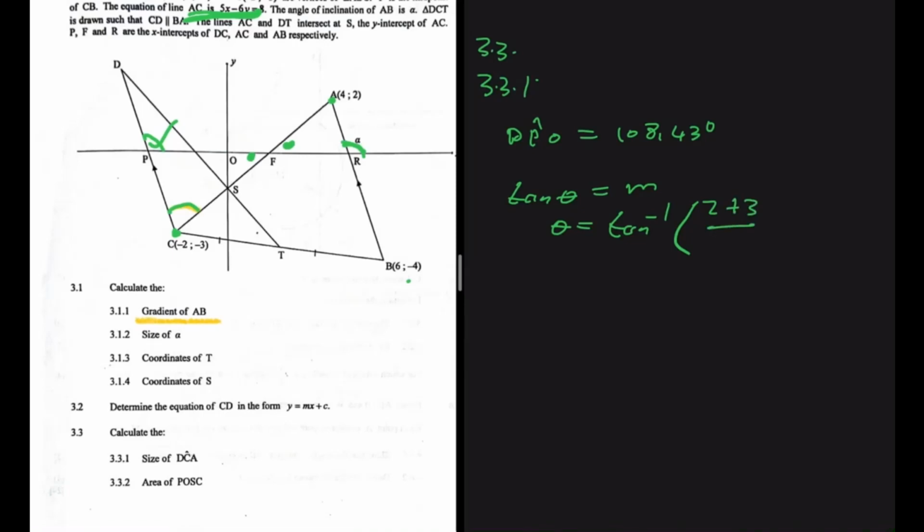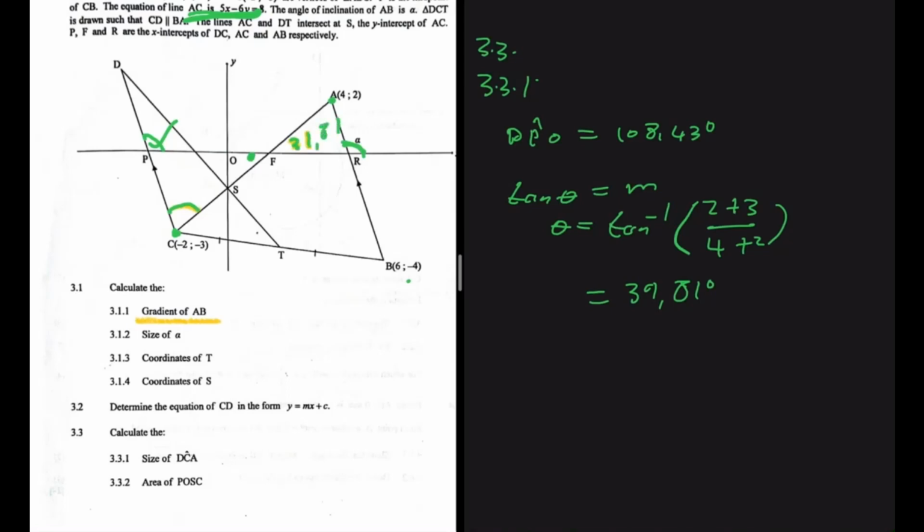Now let's look at x2 minus x1. x1 is 4 and x2 is minus 2, so that should be plus 6 in magnitude. So theta is equal to tan inverse of 2 plus 3 divided by 6, essentially. And that should be equal to 39.81 degrees.